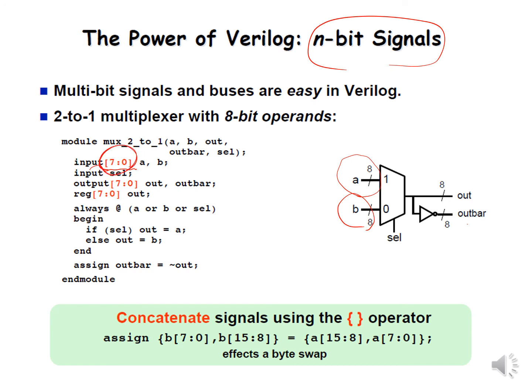This bus notation should be defined between the input and the variable name. Registers are the same: you put the number of bits between the signal type and signal name, and then you specify it the same way you did for 1-bit multiplexers. With the tilde, all the bits are inverted like this.